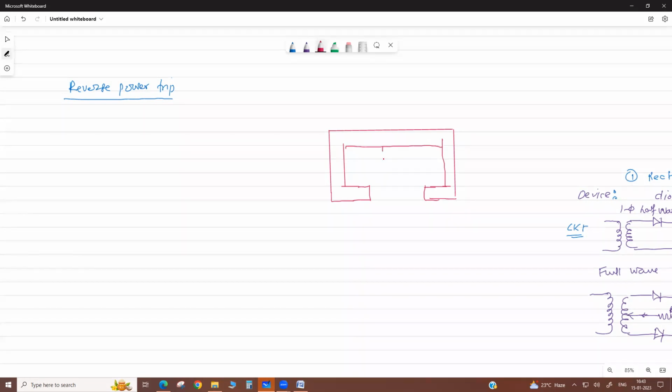Here there is a center, this is the magnetic core. Now there is another magnet, called the shunt magnet core.